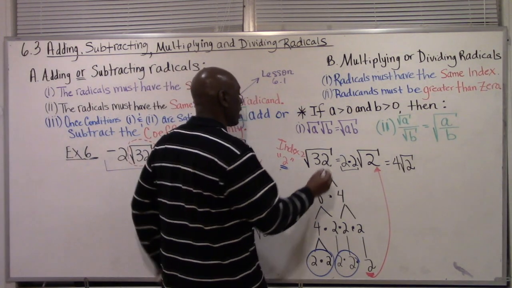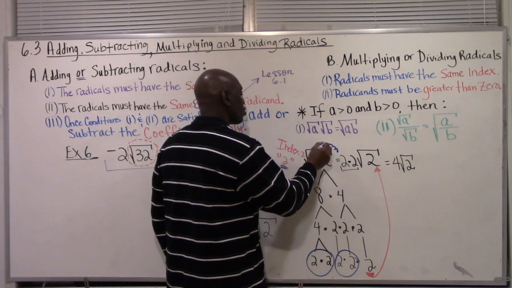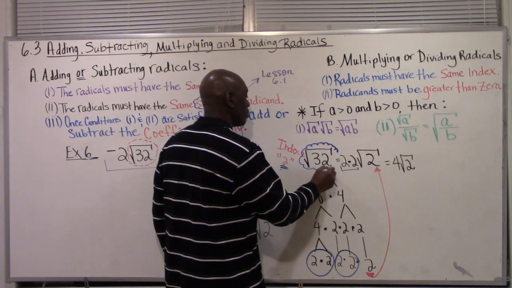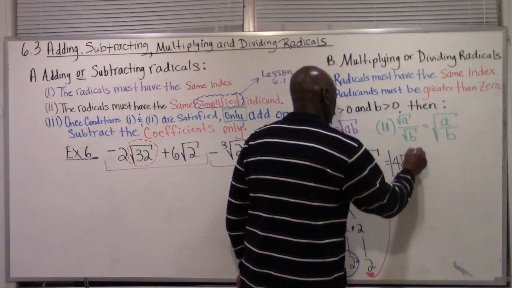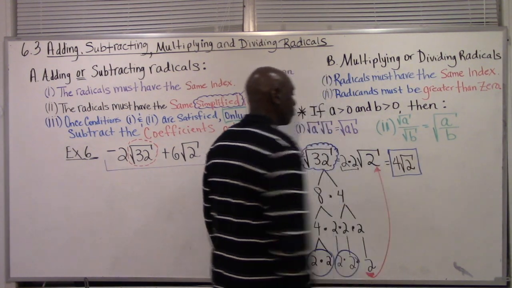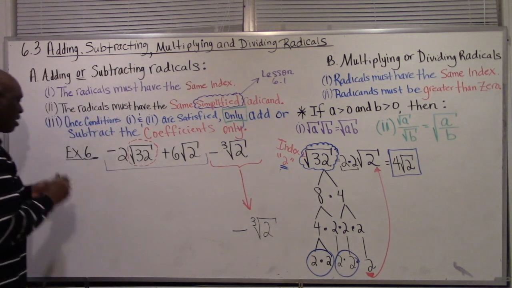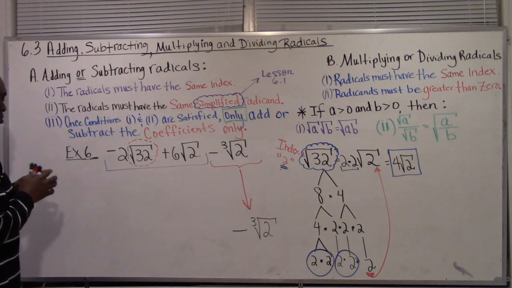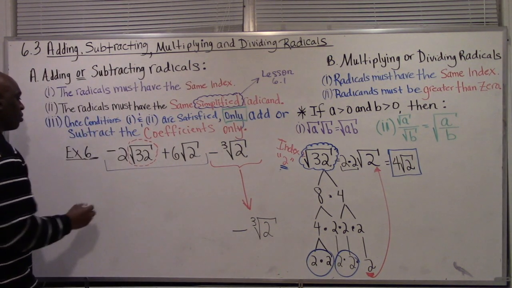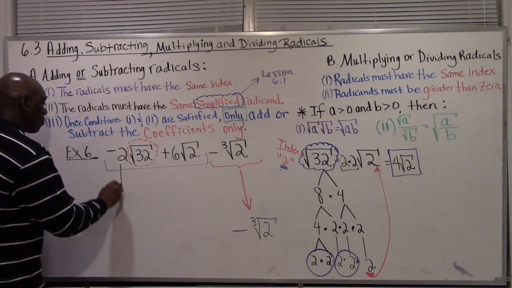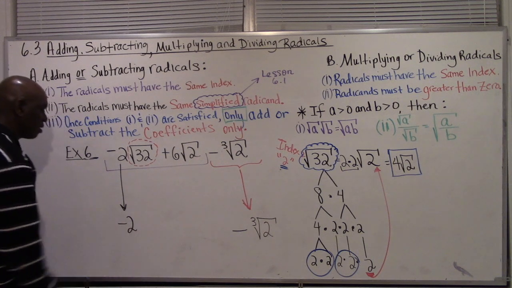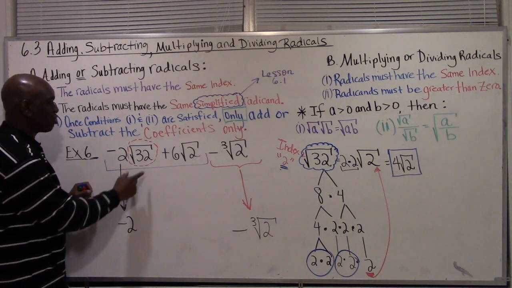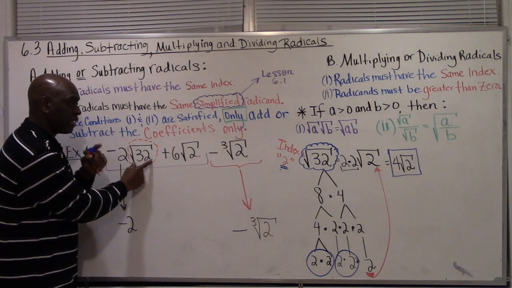So now you want to write the square root of 32 as 4 square root 2. Let's go back over here and do that. So, this negative 2, bring it straight down, negative 2, and remember now, this square root of 32, don't write it like that.